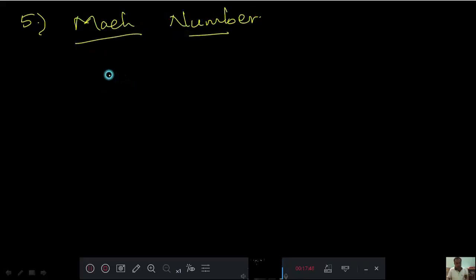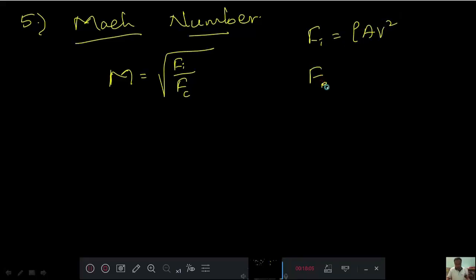And the last one, the fifth one, is the Mach number. This Mach number is defined by Mach, and it is denoted as M. This M is the ratio, under the square root, of inertial force to the elastic force. Inertial force, again you know, is rho a v square, and this elastic force we will get as elastic stress into area.